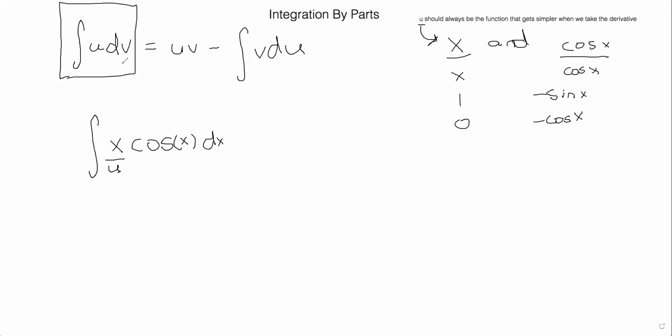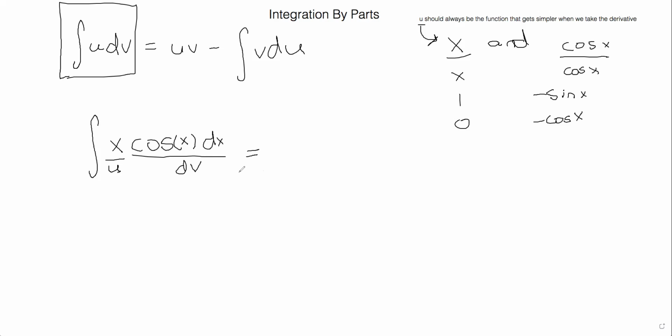We already have our u, so everything else is automatically going to be dv. It's one of those things where it'll make more sense the more we practice it, like with u sub. So the dx is also a part of the dv, right? Yep. The differential always contains the other differential. Okay.